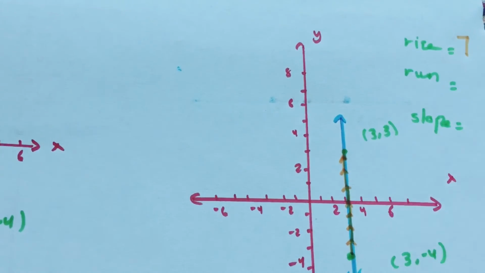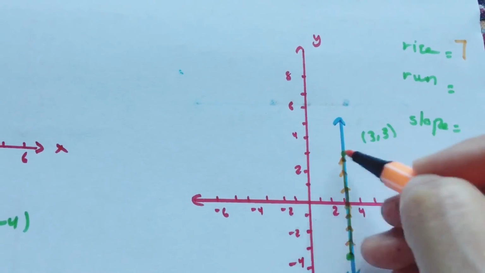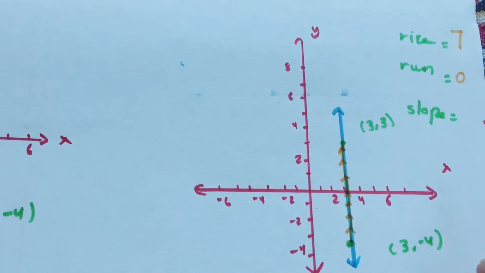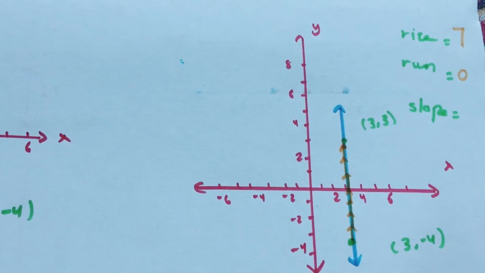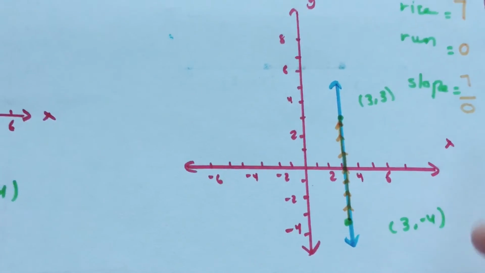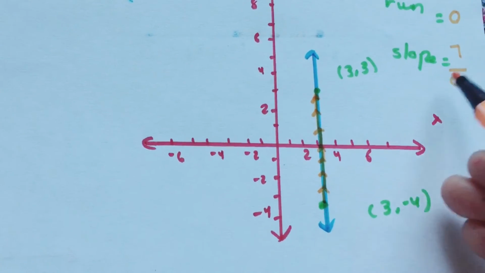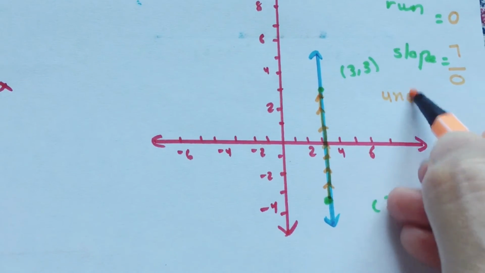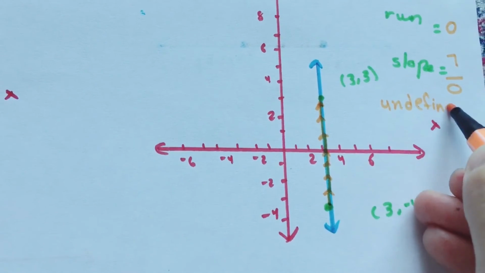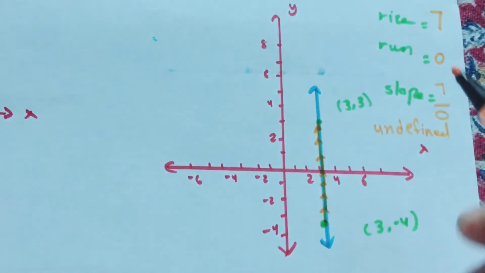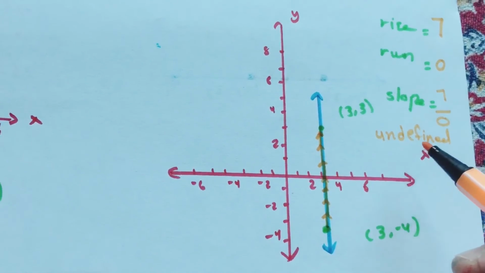Do we have a run, right or left? No. So I'm going to write 0. So the slope will be 7 over 0. I cannot write this in math. I cannot put the 0 down, otherwise it will be undefined. So if the line is vertical, the slope will be undefined.